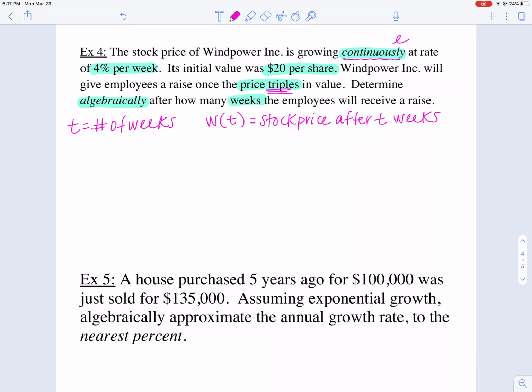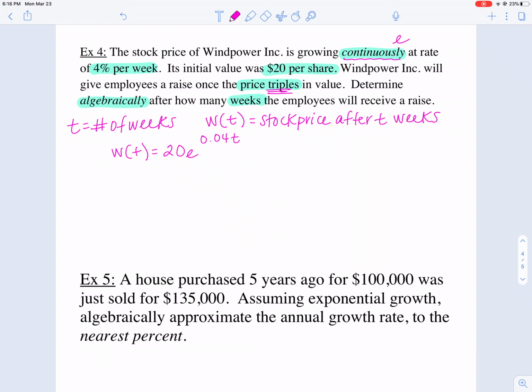So if I now know W of T, I know that my initial price was $20, and I know that it's growing exponentially. So I'm going to do E, and I'm going to raise it to the 0.04 T.